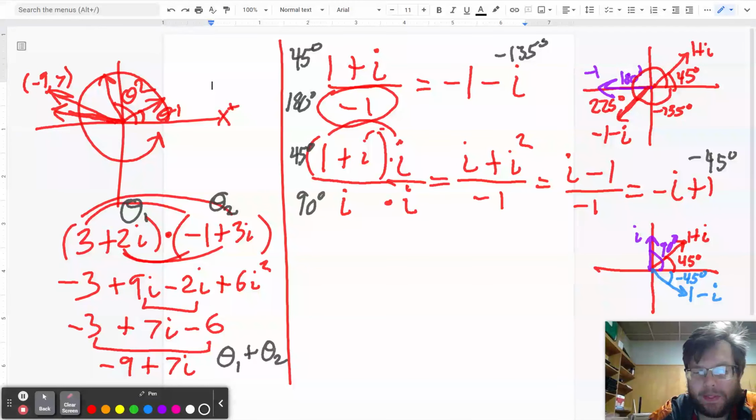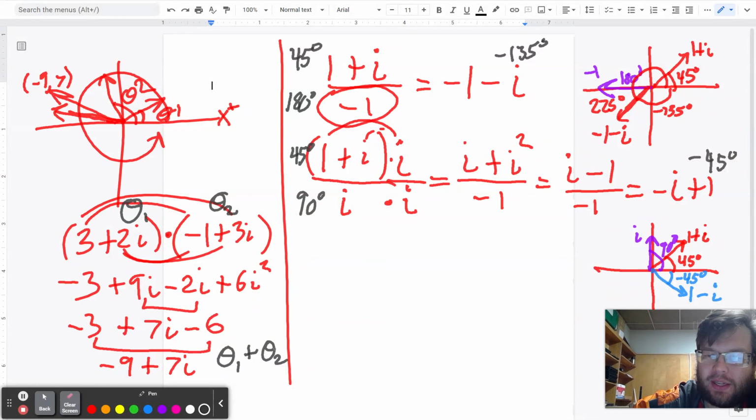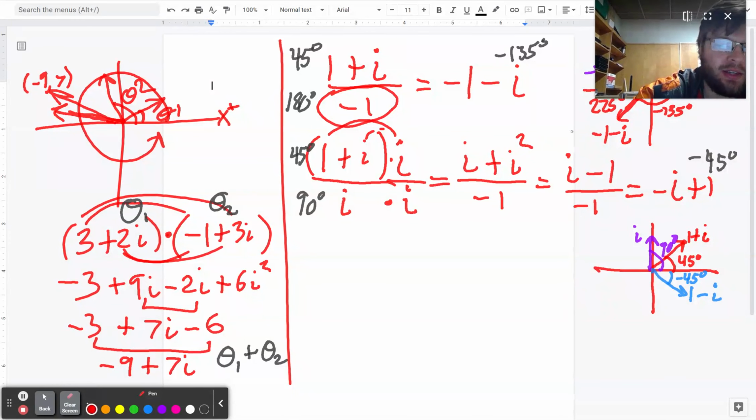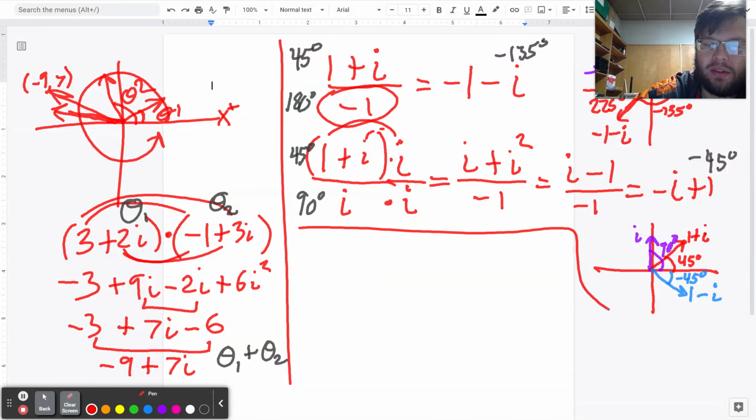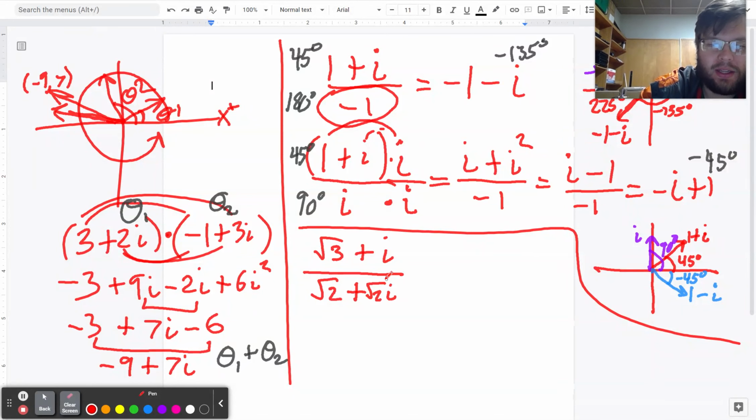Okay, let's do one last example just to give you a little more variety and show you how you do it in general. Let's do something harder: square root of 3 plus i divided by square root of 2 plus square root of 2i.